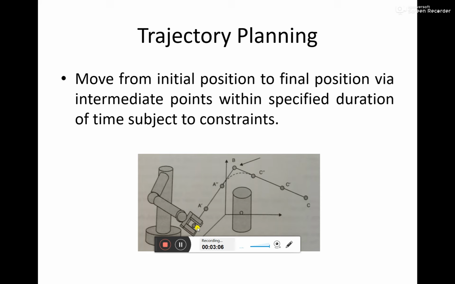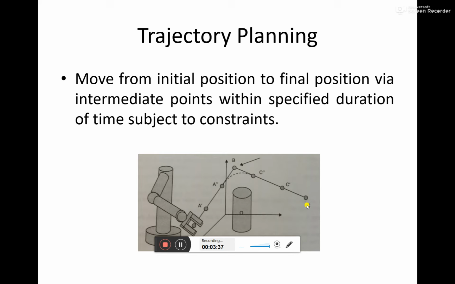This gripper and manipulator is holding the object. You can see a circular object here. This is the initial position. After that it moves through intermediate points like A dash, B, A double dash, B, C double dash, C dash, and the final point is C.